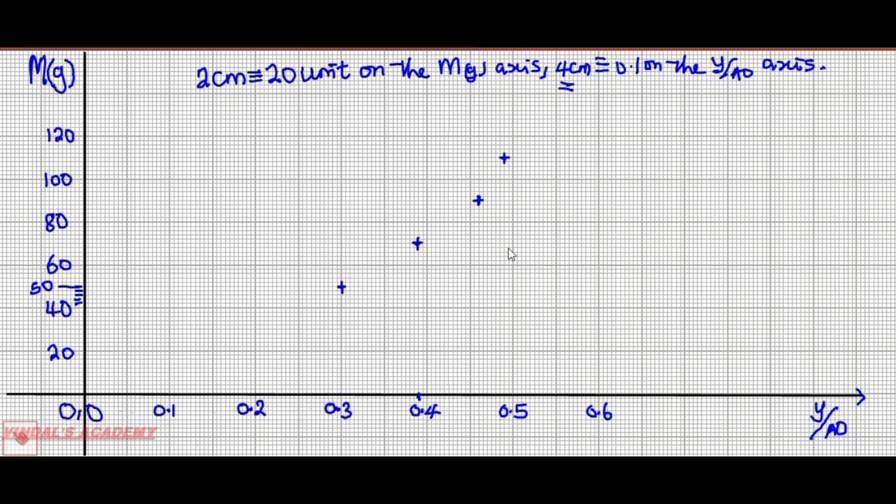I think I'll plot 0.52. How many lines from 0.5 will give me 0.52? Or am I plotting 0.5? Let me check according to our table of values. Okay, let's go to the last one, which is 0.506. So I'm going to be plotting 0.51 because I'm going to run this up to 2 decimal places.